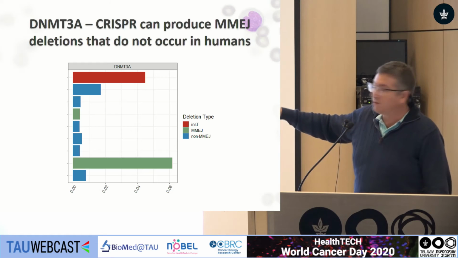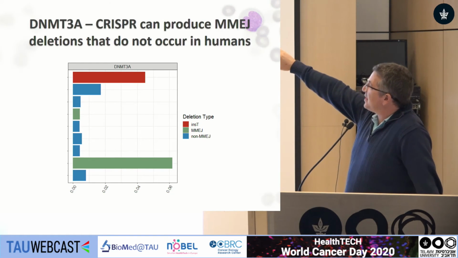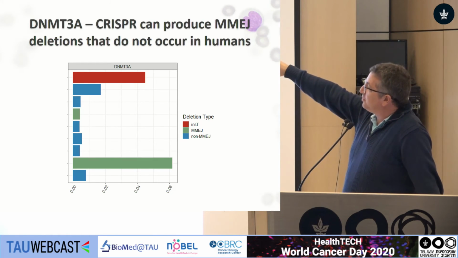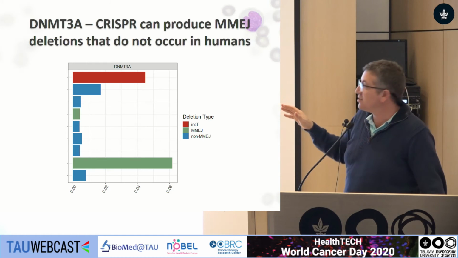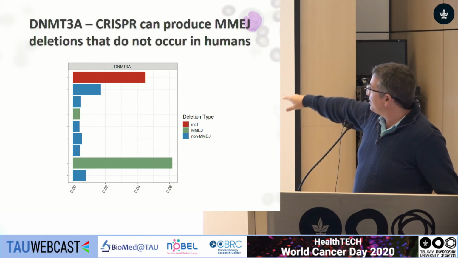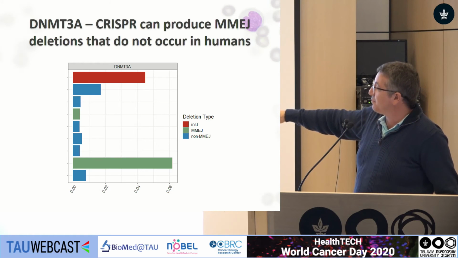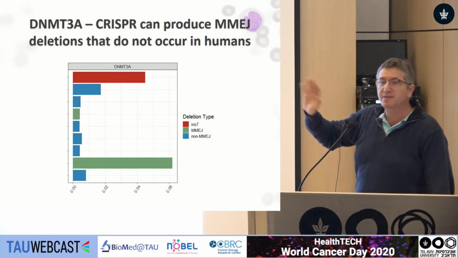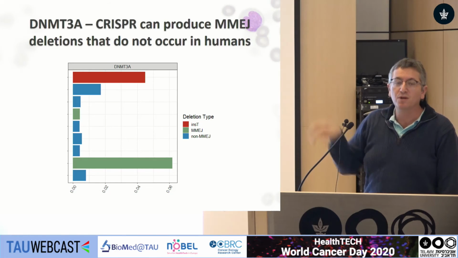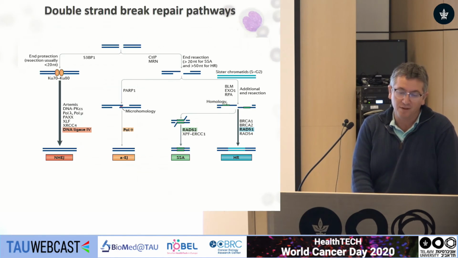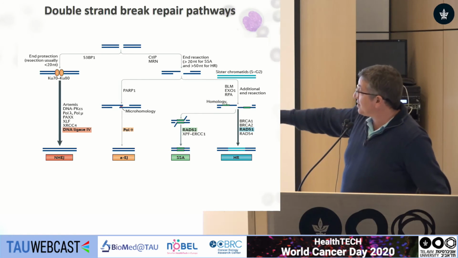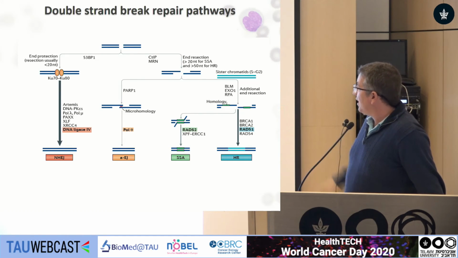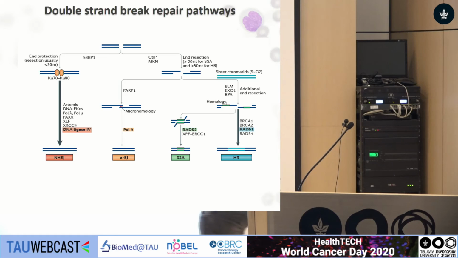We then tried to do the same experiment in another gene called DNMT3A, where you never see this type of deletion. And although we can create these green MMEJ deletions, these microhomology deletions, these deletions are never found in humans. So this is specific to specific genes, probably specific to specific positions of the human genome. And these are the machineries that are supposedly correcting the DNA. And we're looking here at two options of what is happening.